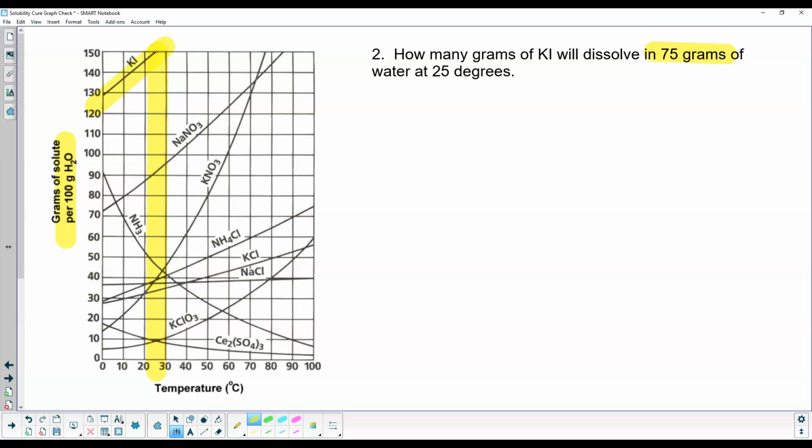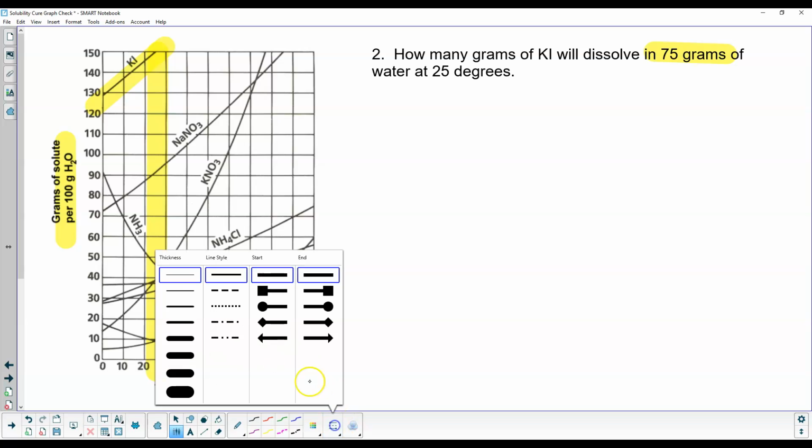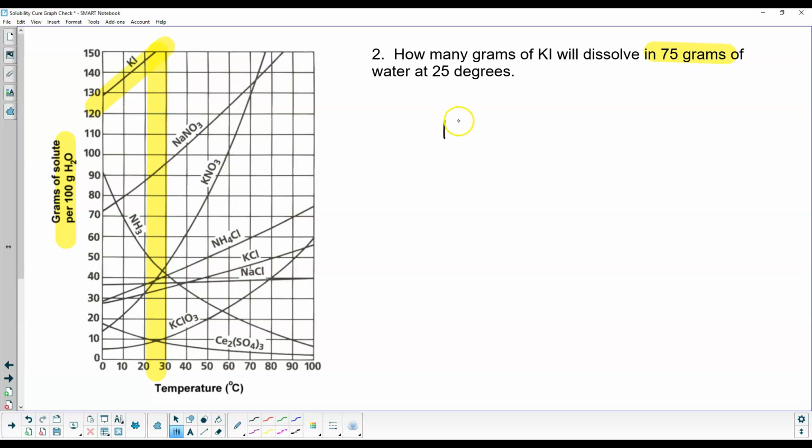So what we know from reading this graph is that it looks like it'll hold 150 grams of potassium iodide at 25 degrees Celsius. So it'll dissolve 150 grams of potassium iodide in 100 grams of water.